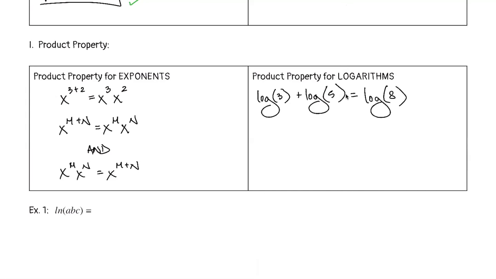Log of 15. Okay, so let's do this. Pull up a calculator if you have it. Type in log 3 plus log 5, and then type in log 8 and log 15. See which one it equals. All right, I'll give you a moment to do that.